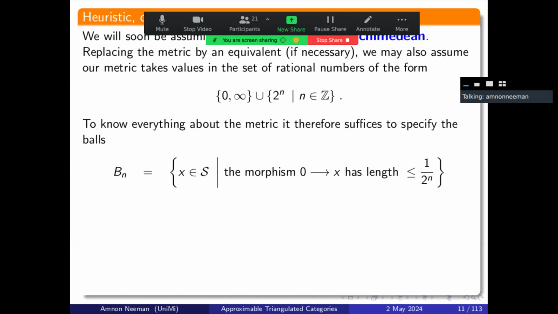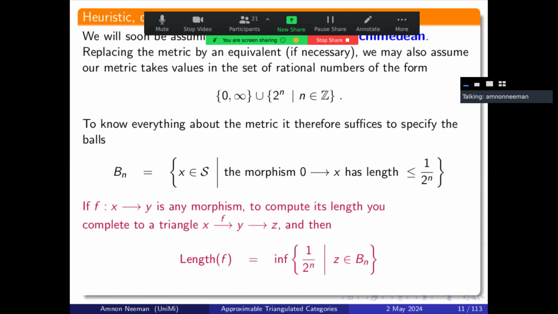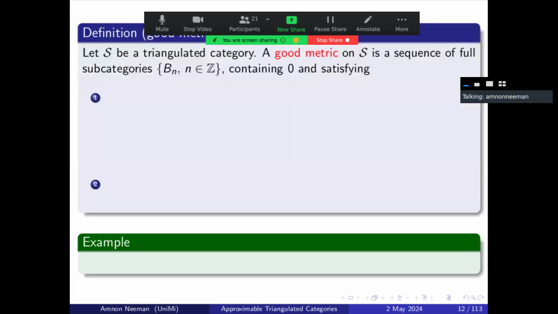To know everything about the metric, it suffices to specify the balls of radius 2 to the n, or 2 to the minus n. If I know the balls, I can tell you the length of any morphism. There is a formula which I skip.